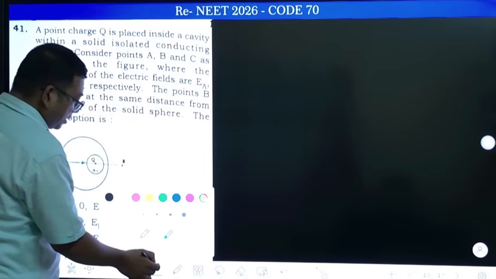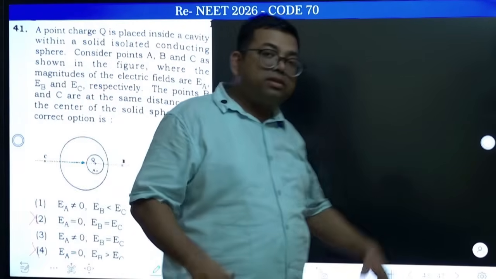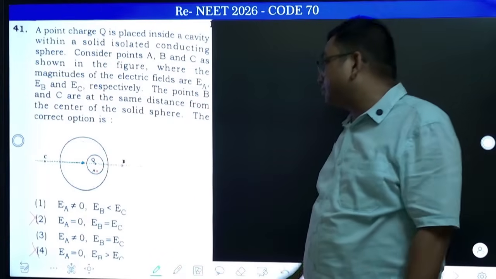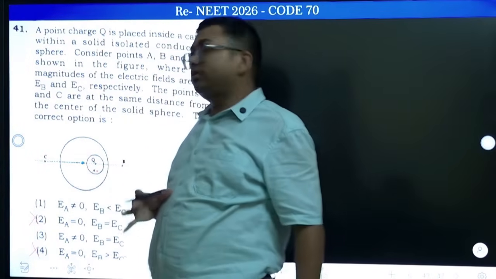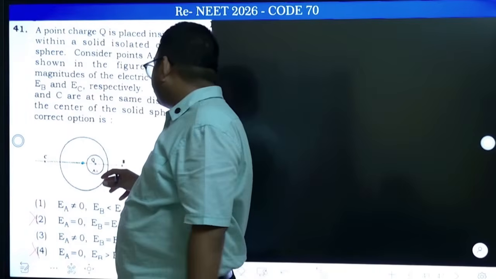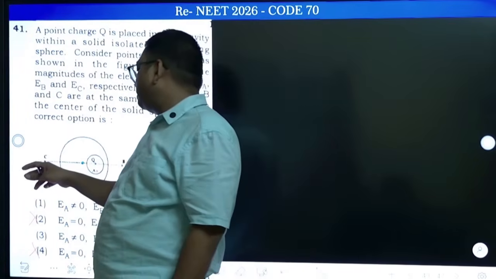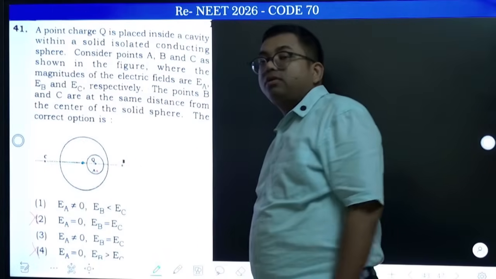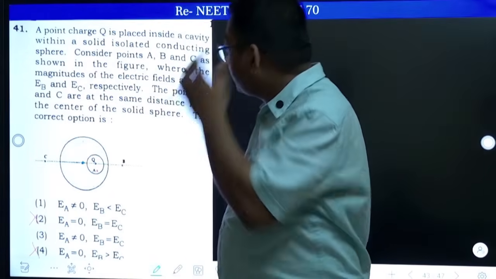Now here a confusion can happen. Now this is a very important concept. This question that they have used, this is a quality question, you can see. It looks like point B is near to charge Q and point C is away from charge Q, so you would think the electric field will be different, but actually it is not.